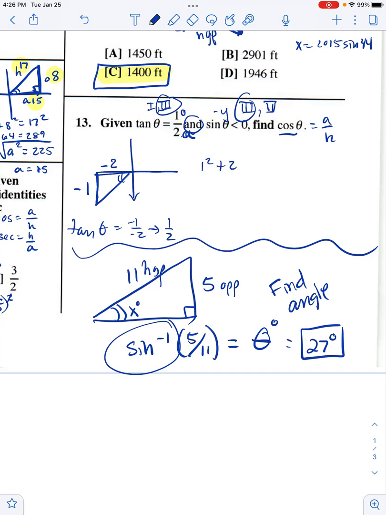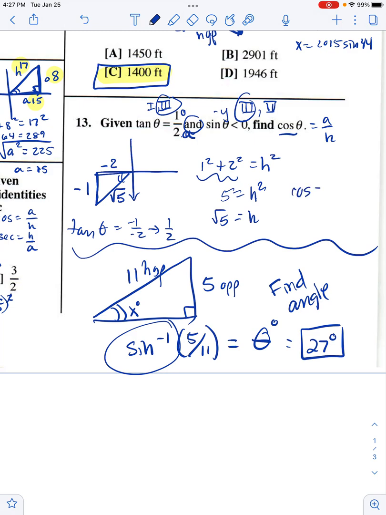Okay, so in order for me to do cosine, I need the hypotenuse, so I'm going to do what I do, and I'm not going to even care about the negatives, because when you square a negative, it becomes positive. So this turns into 5. So my hypotenuse is √5. Okay.